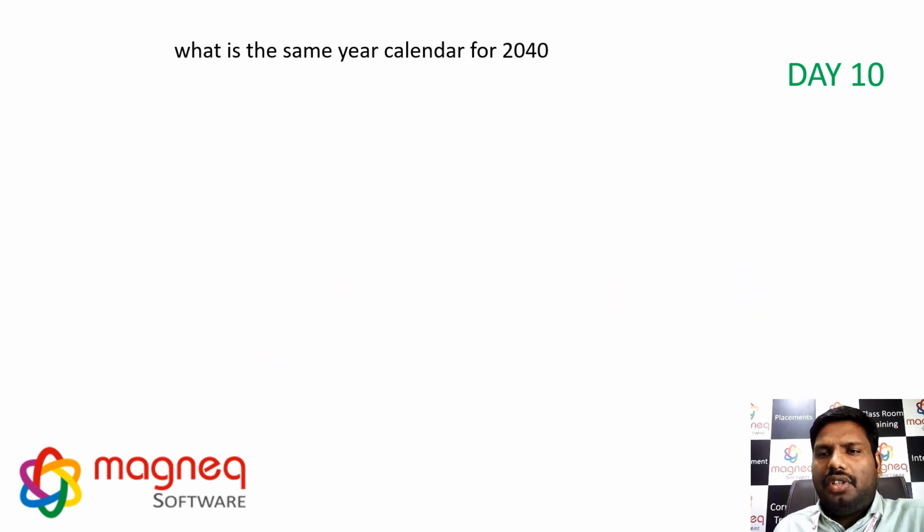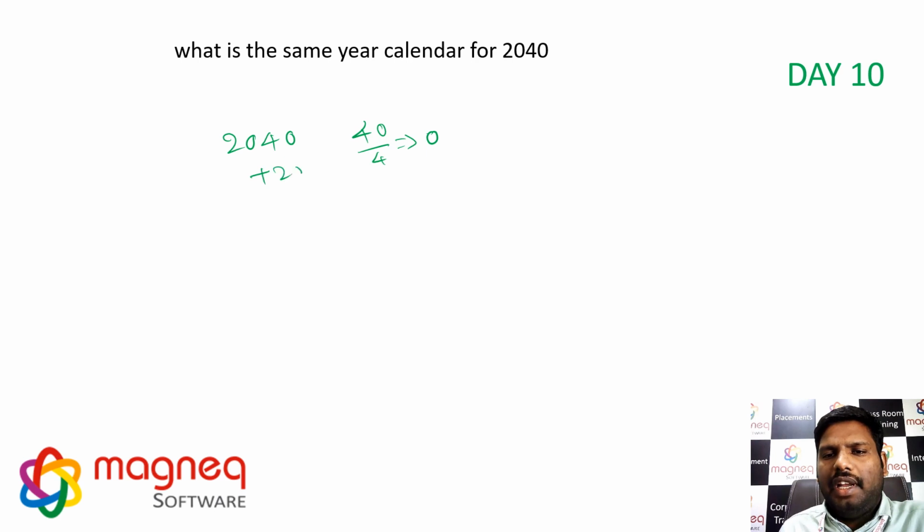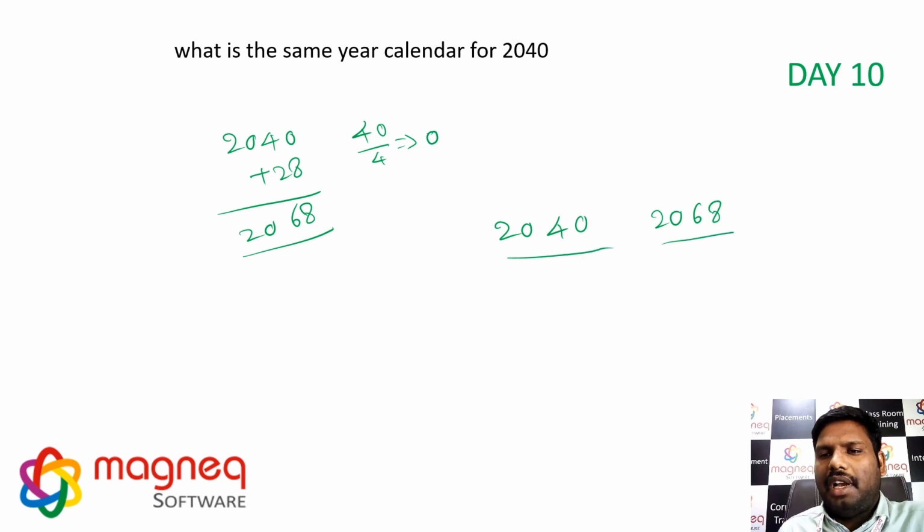Next one, 2040. 40 by 4, remainder 0. So plus 28, 2068. So 2040 and 2068 have the same calendar.